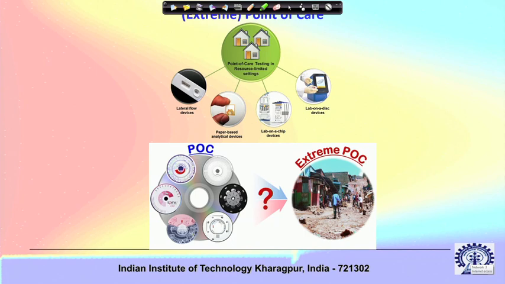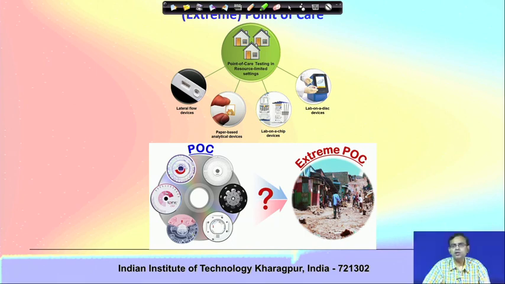So, all these challenges lead to the consideration that from point of care diagnostics where we do the standard colorimetric detection based technology, instead of that in extreme point of care diagnostics can we do the same thing with electrochemical sensing based diagnostics.